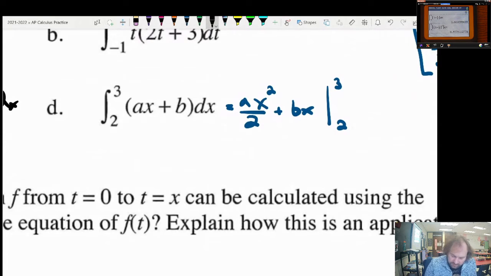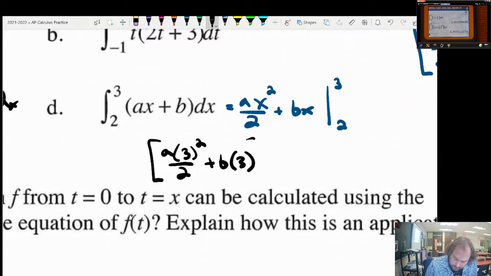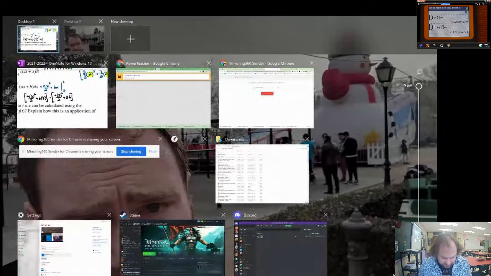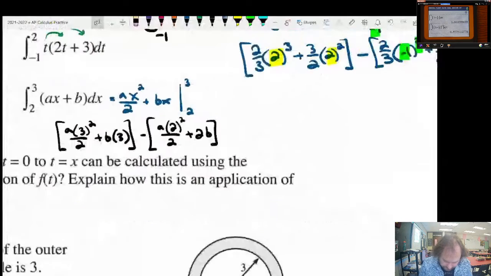So if we plug this in, we're going to have a times 3 squared over 2 plus b times 3 minus a times 2 squared over 2 plus, I guess I'll say 2b, like that. And we're just going to shake this out algebraically and hope that it makes sense. Okay.